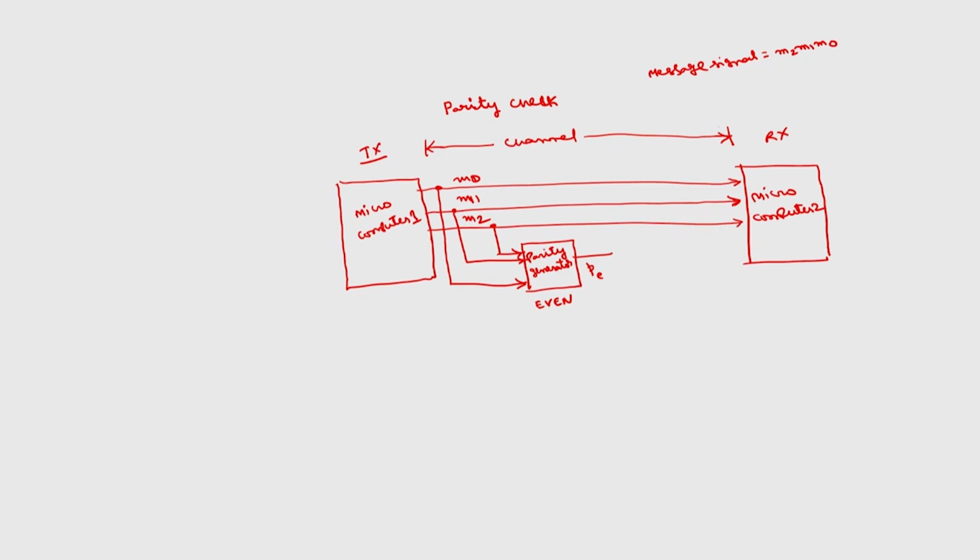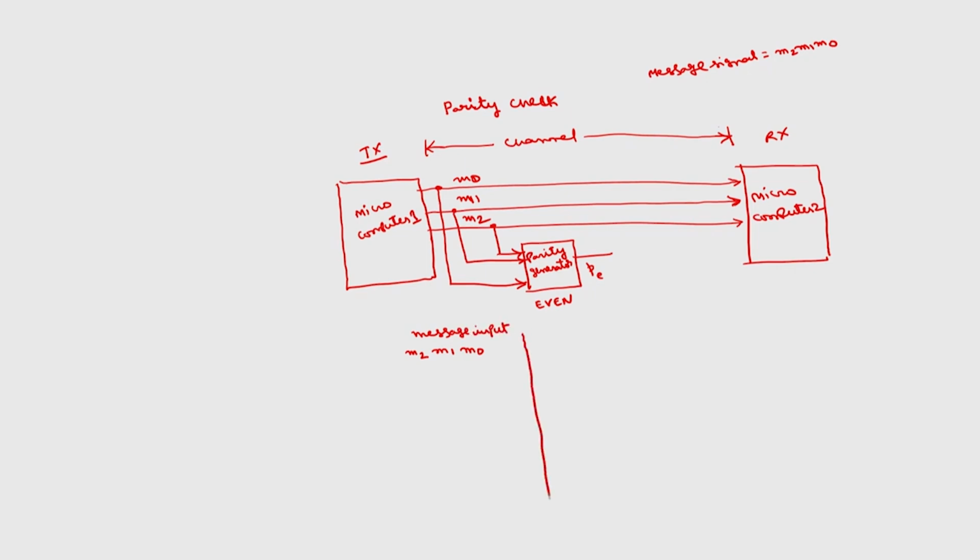Basically, you might have studied this parity generator in your digital electronics course, so I will just briefly explain the design. We have M2, M1, M0 as the message input to the parity generator.